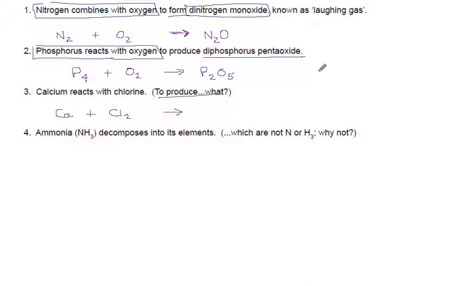We can use what we know about ionic compounds to figure this out. Calcium ions are Ca2+, always, and chlorine ions are Cl-, always. So it's going to take two chlorines to match a single calcium, and that means the product is going to be CaCl2, or in English we'd call it calcium chloride.